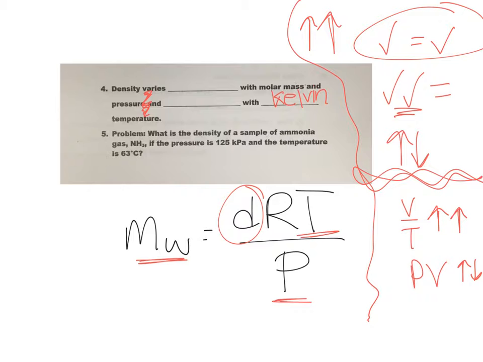Are we all good? All right, so density varies how with molar mass? How does this relate to MW? It's direct because it's on both sides of your equal sign. So density varies directly with molar mass and pressure.